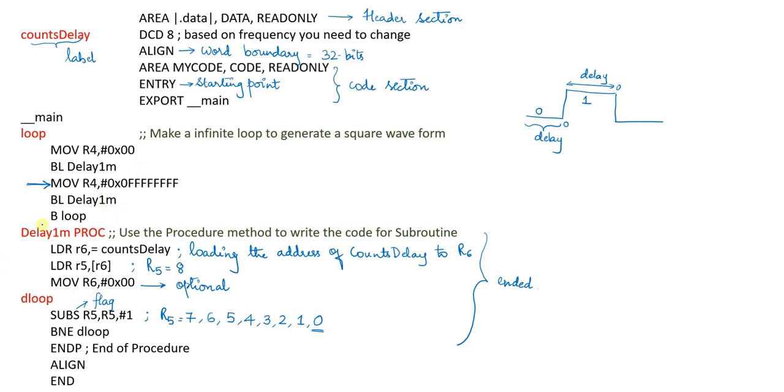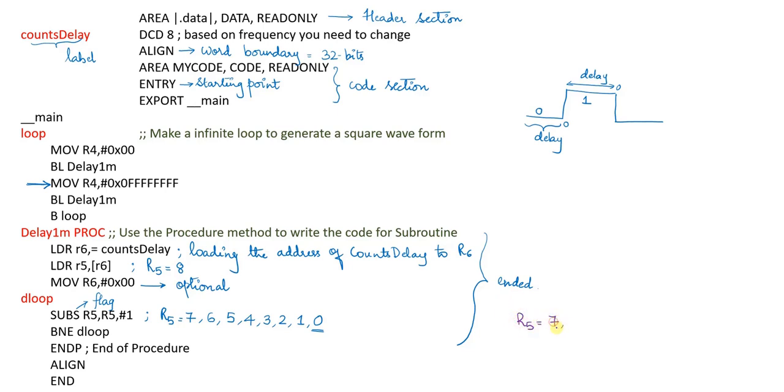Once again you are going to go to this particular procedure, load R6 with the address of counts delay, and the content pointed to by R6 will be moved to R5, that means R5 will be loaded with 8. You come back to this D loop, subtract 1 from R5, and now again R5 will keep on decrementing.